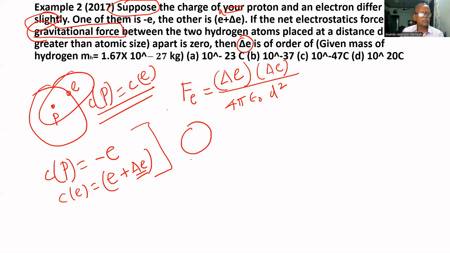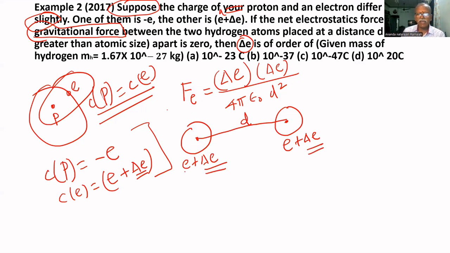This is e plus delta e, and another is e plus delta e. Two hydrogen atoms at a distance d. So each has a charge of delta e. Why am I not saying e? Because the proton has a charge of minus e and the electron has a charge of e plus delta e.